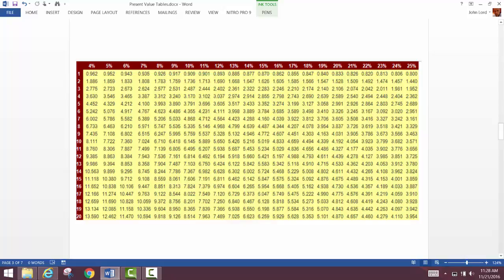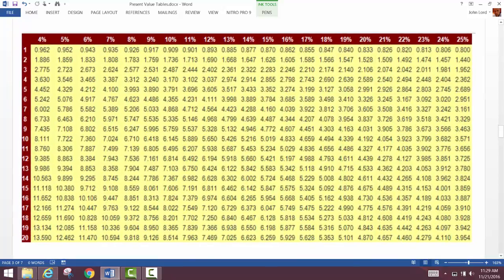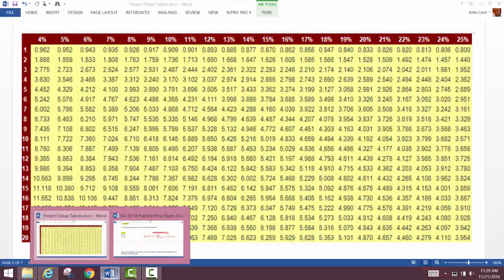What did I say I was in between? I'm in between 22 and 23, right? On the bottom, 3.799, right there? Okay, so at 23%, it's 3.799.